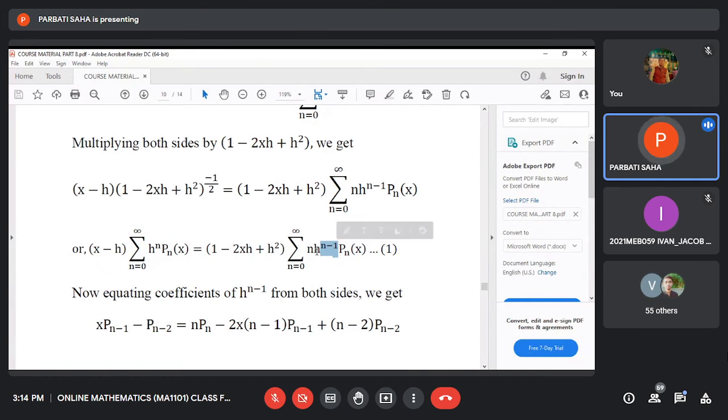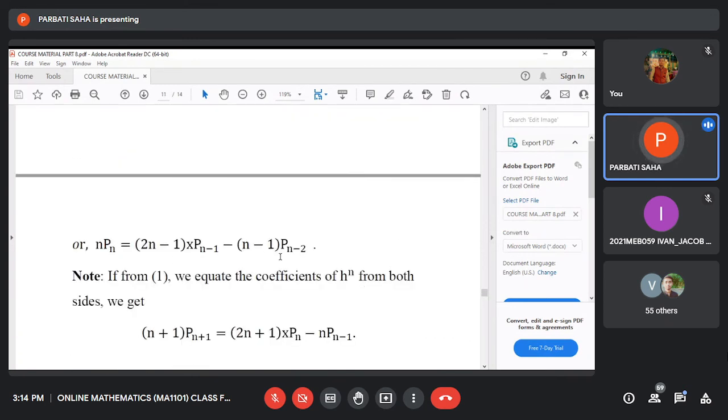H squared into h to the power n minus 3 means h to the power n minus 1. So if this n is replaced by n minus 2, then this h to the power n minus 3 multiplied by h squared will give you h to the power n minus 1. So it should be n minus 2 and then it should be P(n minus 2) like this, which is actually the coefficient of h to the power n minus 1.